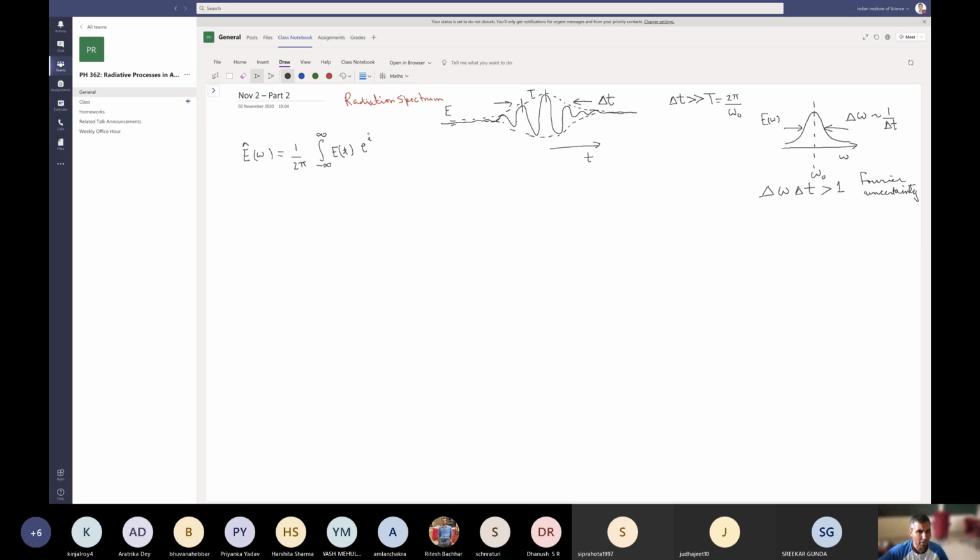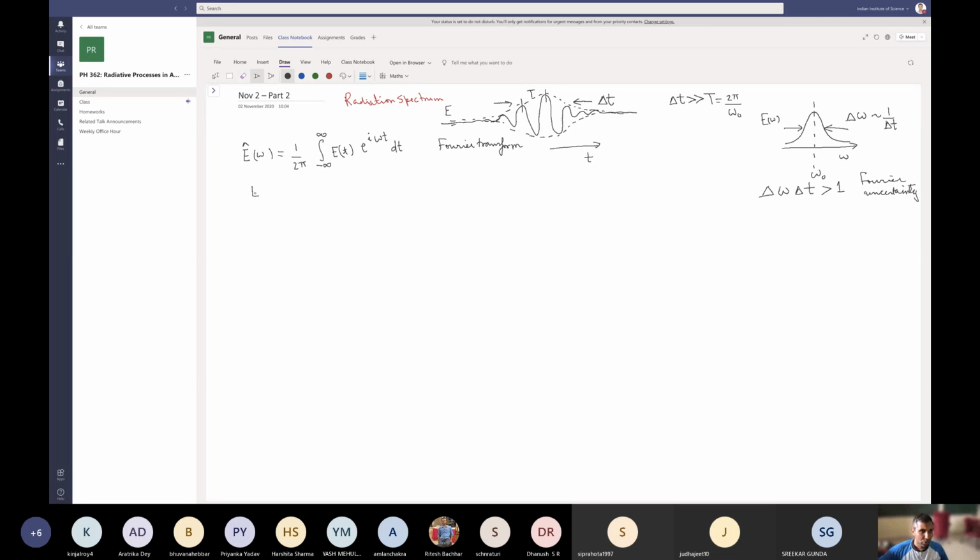If you have some variation of electric field in time, you can describe it in time space or in frequency space. They are totally equivalent and contain the same amount of information. This is the way to go from real space to frequency space. So this is a Fourier transform.